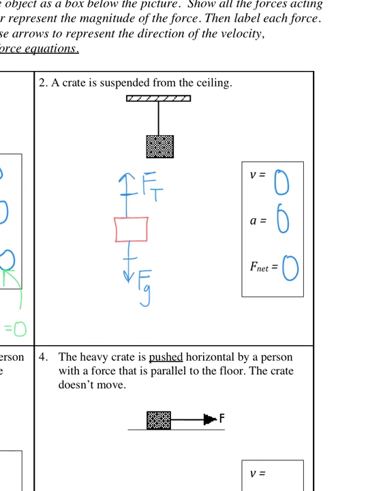The net force equations are going to be very similar to what we wrote before. The net force in the horizontal direction, the x direction, there's no forces right or left, so that's 0. F net y is going to be Ft plus a negative Fg is equal to 0. All right, pause me again and do the next one with your table.